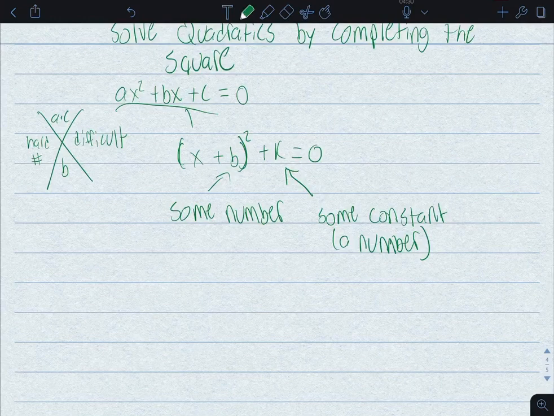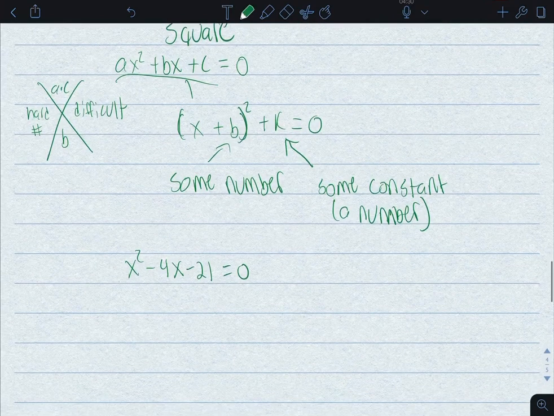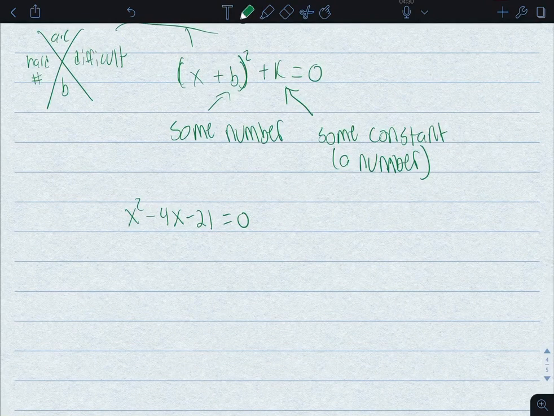So let's do one example now. x squared minus 4x minus 21 equals 0. How we do this is we separate some things. The x squared term and the x term, you're going to put in parentheses and leave a space after the x.